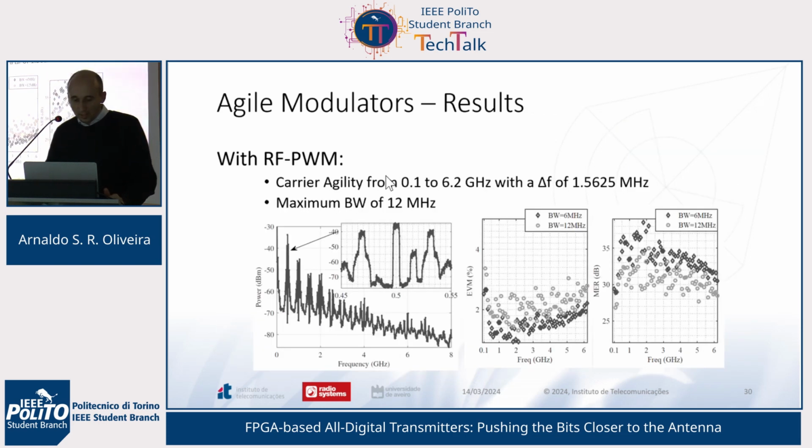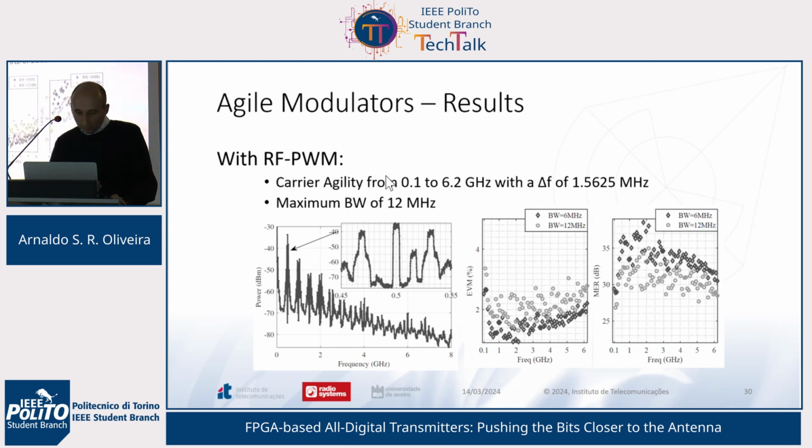And here are the results. In the case of PWM, we performed two tests, for 6 MHz and for 12 MHz, over a range of carrier frequencies between almost zero, almost here meaning a few hundred megahertz, up to 6 gigahertz of carrier frequency. As you can see, the EVMs obtained for our modulated signal are perfectly reasonable.